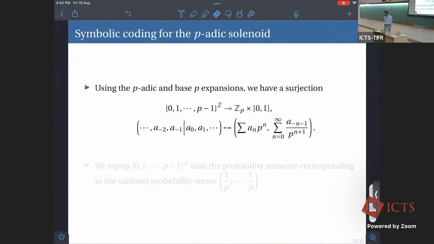Then using these p-adic expansions and base p expansions, you have a map from the Bernoulli shift space, where the alphabet is {0,...,p-1} to the Z. If you have a_0, a_1, and so on, I can look at the p-adic expansion, and if you have these negative indices, you can look at the base p expansion. So from this Bernoulli shift space, you have a surjection onto Z_p cross [0,1).